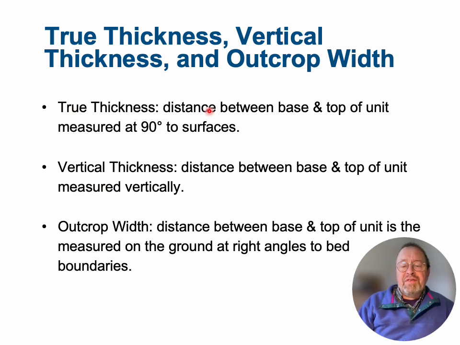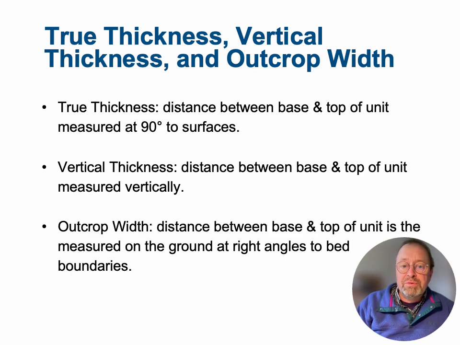So the true thickness is the perpendicular distance between the bottom and the top of each unit. The vertical distance is, well, exactly as it says, measuring vertically through the unit as though you were drilling it. And the third concept is the outcrop width, so that represents the width on the map of the distance between the bottom and the top.